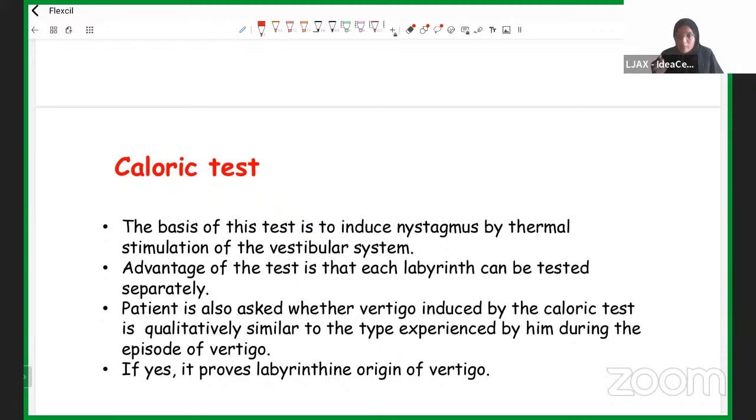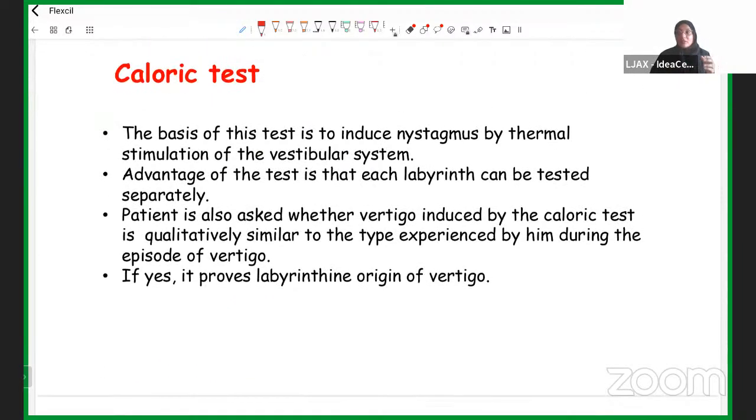If yes, it means the vertigo is because of a problem in the ear, maybe of labyrinthine origin.